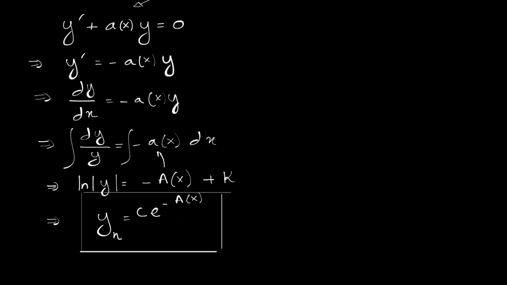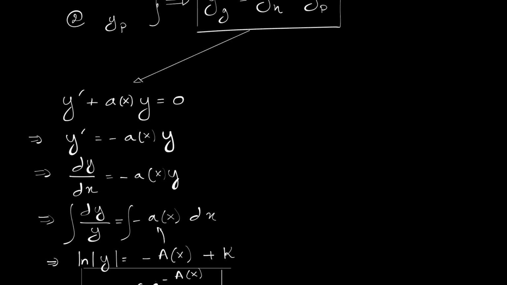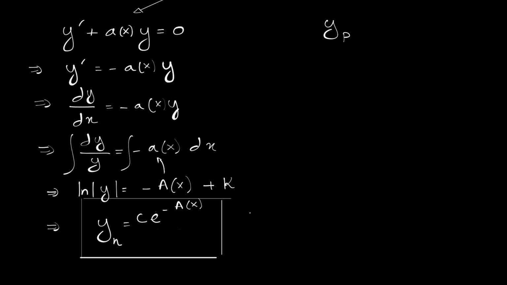Now we need to find a particular solution with the variation of constant method. It is also called the Lagrange method. We put yp equals this.